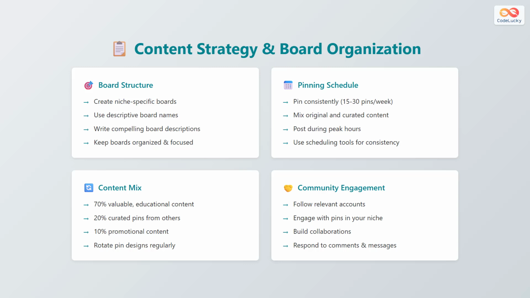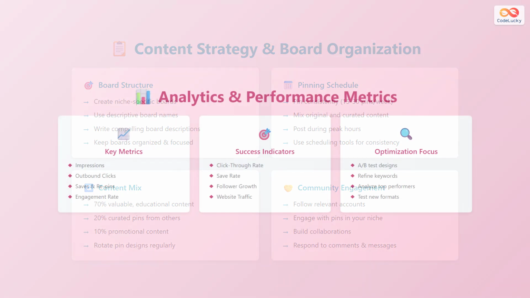Mix original content you created with curated pins from other creators. Schedule your pins to post during peak hours when your audience is most active. Maintain an 80-20-10 ratio. 80% valuable educational content, 20% curated pins from others, and 10% promotional content about your own products or services.